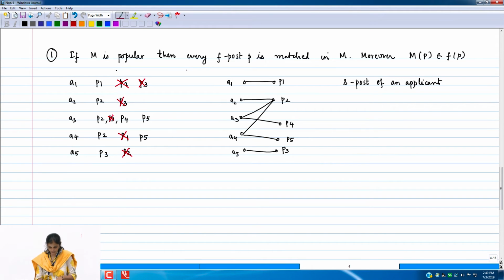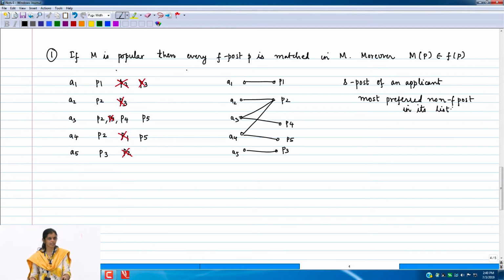So the rank of P4 in A3's preference list is indeed 3, but it is called its S post. So an S post of an applicant is the most preferred non-F post in its list.